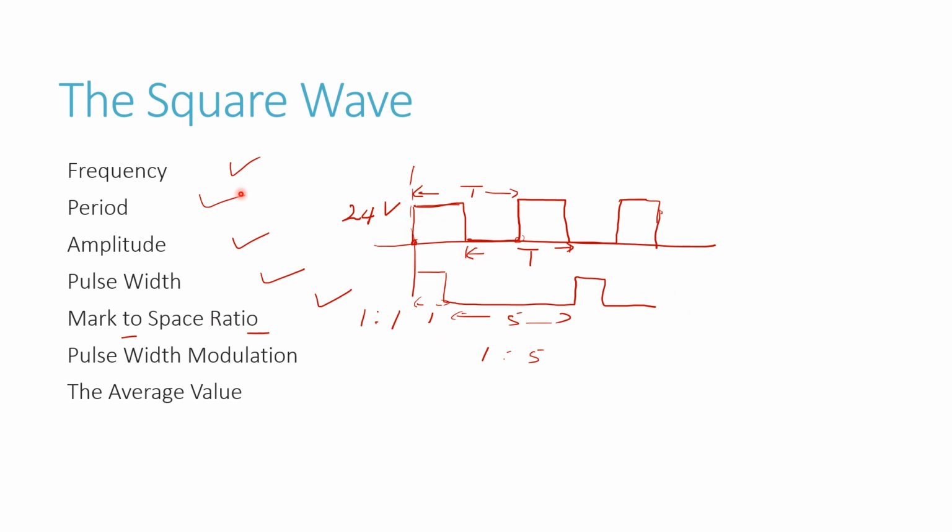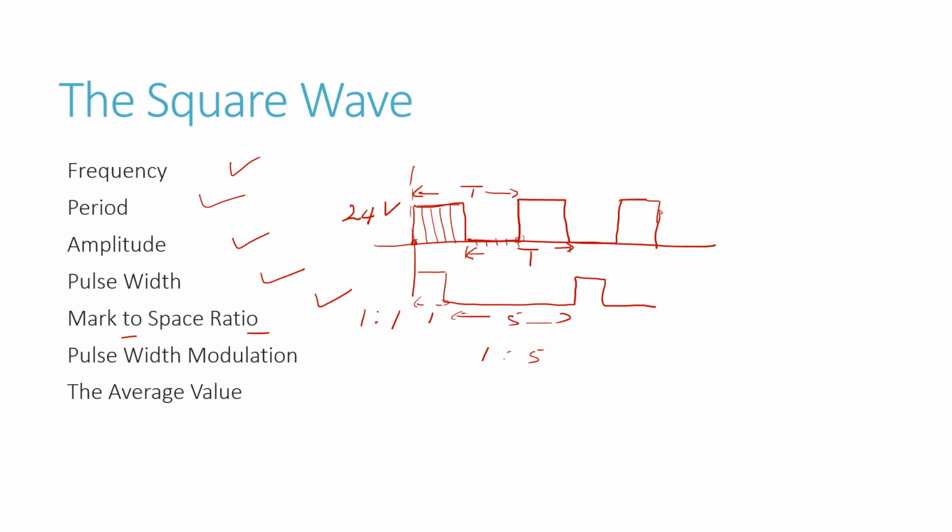To find the average, we would divide up the number of strips. Okay, it's 1, 2, 3, 4, 5 strips. We would divide the space in the same number of strips, 5.